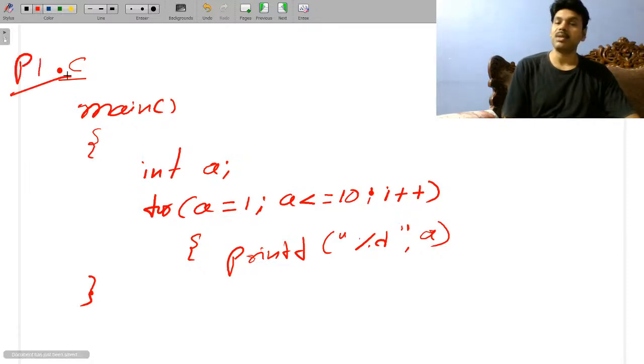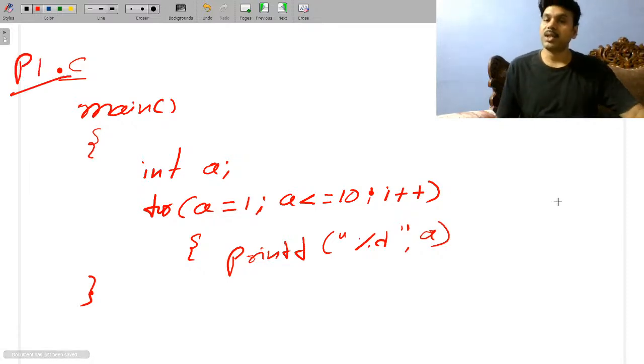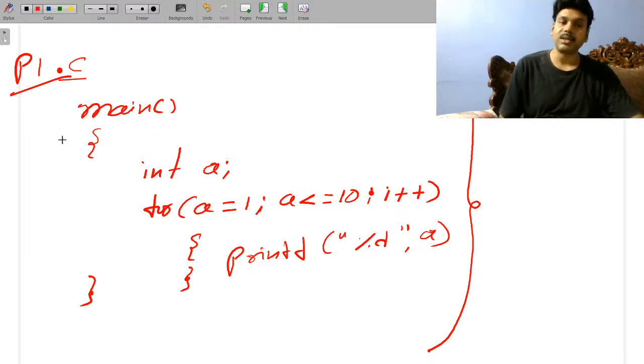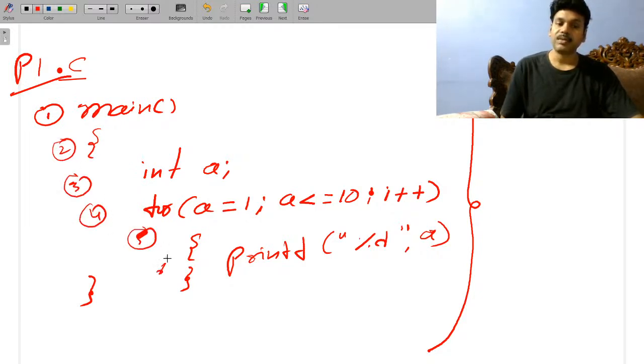Please observe carefully. Now, I am saying that my page size, please understand, there are 8 lines: line 1, line 2, line 3, line 4, line 5, line 6, line 7 and line 8.